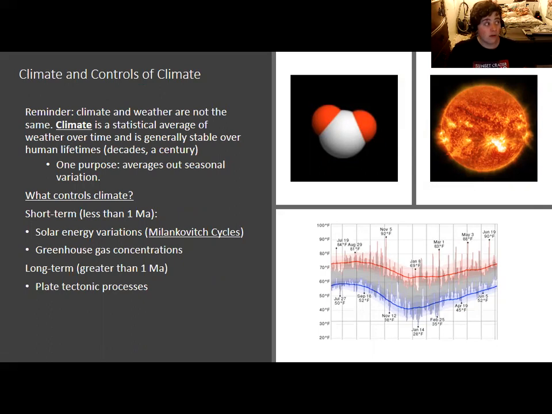On a scale greater than 1 million years, plate tectonics play an important role, and we'll talk about how the amounts of volcanism occurring on Earth, more volcanoes means more CO2, for example, and how decreased amounts of volcanism can cause long-term climate change. We did reference this a little bit, actually.